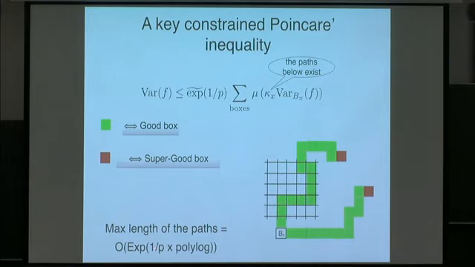And these two paths are all good, so green, and they end with a super good box. We prove that this constrained Poincare inequality holds, and the cost between the variance and this auxiliary Dirichlet form is exponential in 1 over p, and this tilde means that I'm not writing polylog corrections.